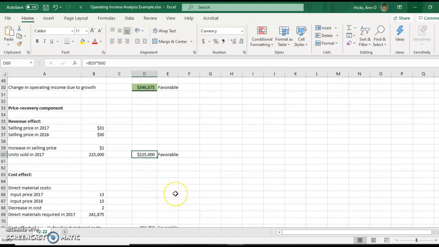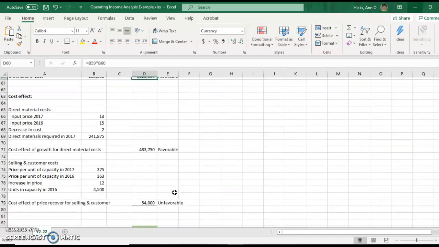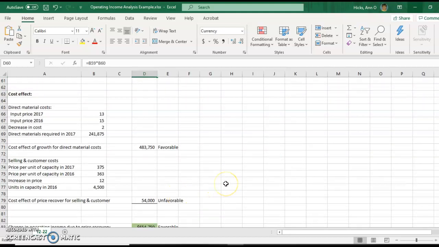Now, there's a cost impact too, in which we need to look at the cost of the input. So let's look at direct material costs first. We had an input price, the price of the t-shirt in 2017 of $13, whereas in 2016 it was $15.